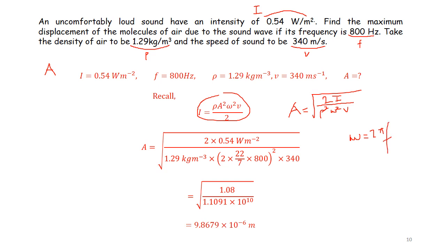So that's what we have here, 2 pi, our f is 800, then everything squared, or it's omega squared, and you press it and you obtain the amplitude. Okay, and that's 9.87 times 10 to the power minus 6, that's micrometer.